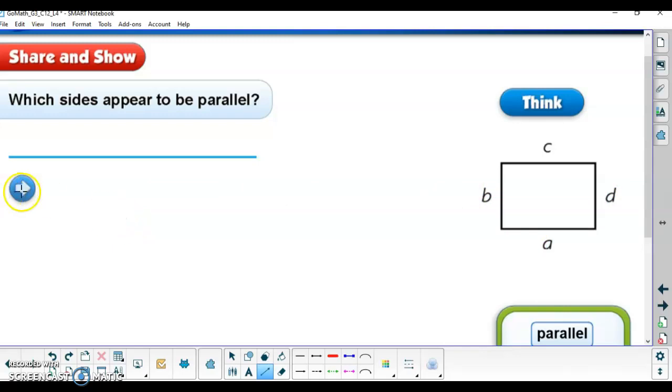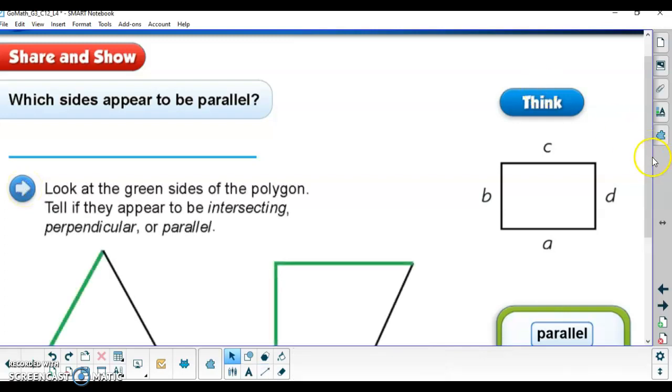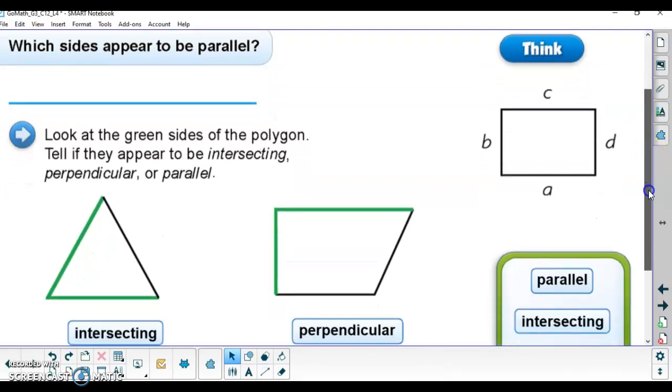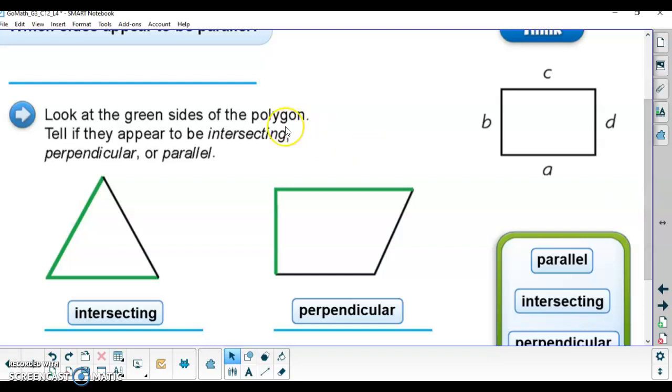Now let's take a look at some shapes here. Click back on my arrow. Looking at these shapes here, I want you to look at the green sides of these polygons. Do those green sides look like they're intersecting, perpendicular, or parallel?